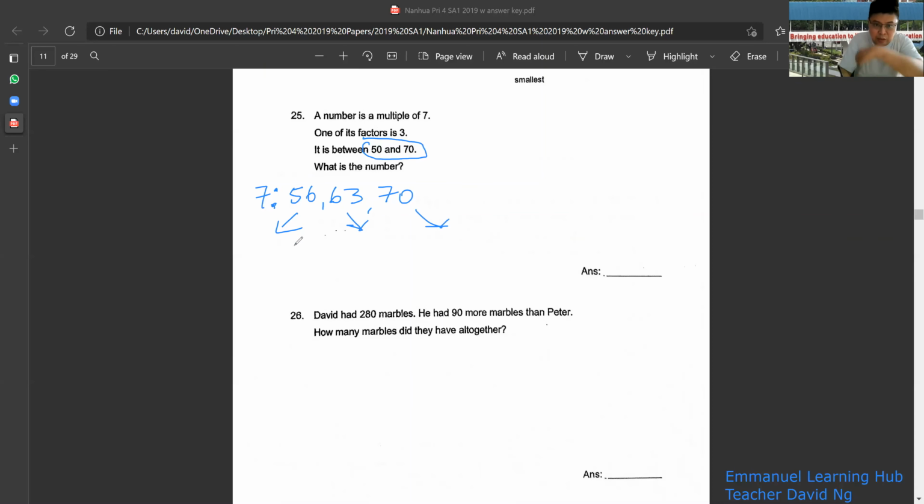Only 63 has a factor of 3. So what is the number? 63. You understand now the question? Okay, let's move on to the next part.